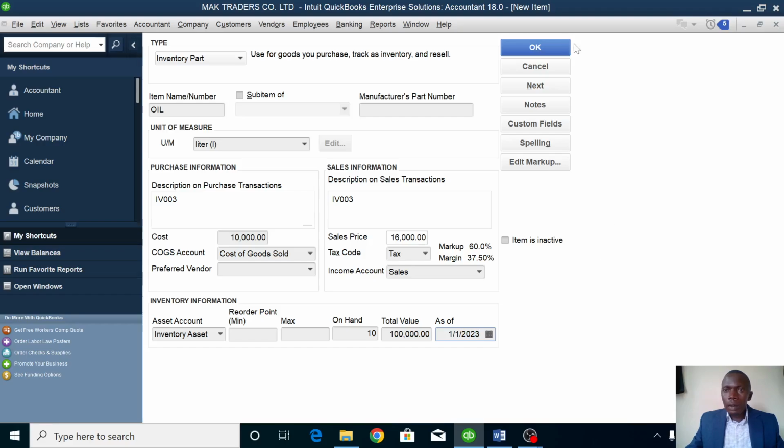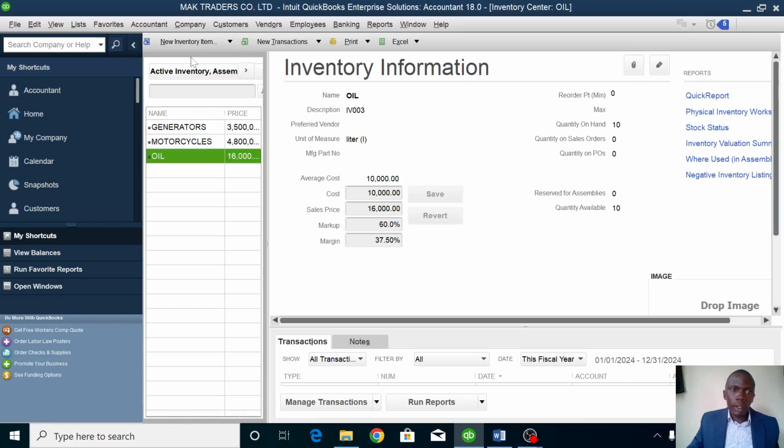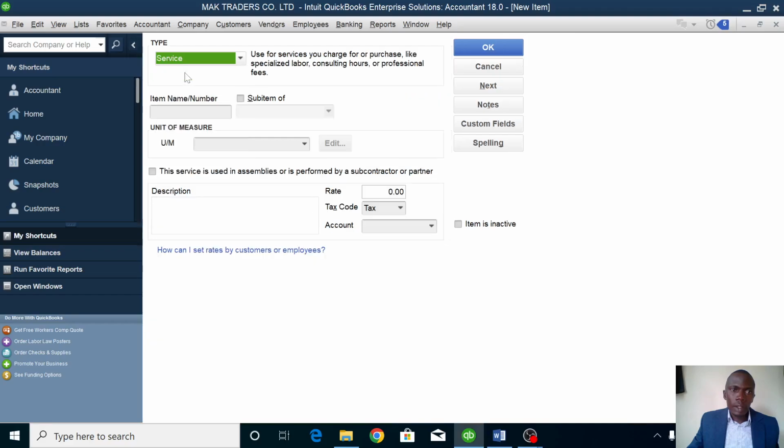So we say okay. Then we go to the next item, which is servicing. Say inventory item is under service. It is servicing. It doesn't have a unit of measure. Then the rate, our rate is 30,000.